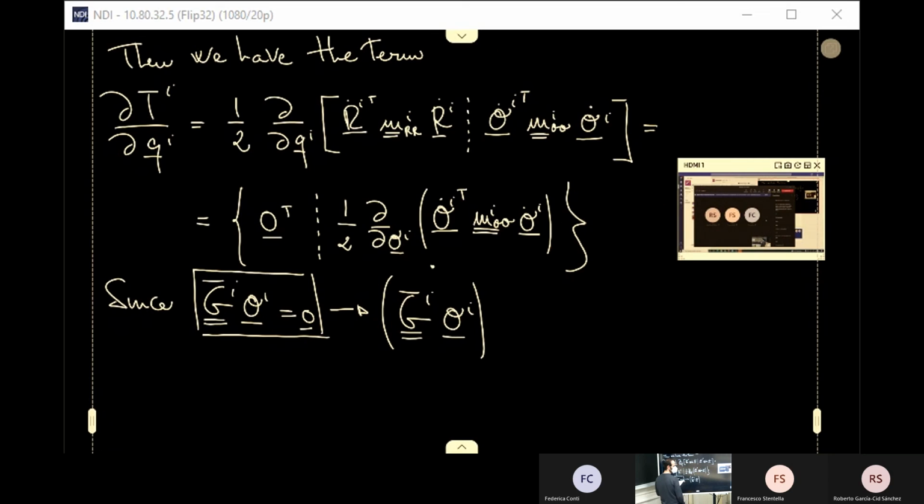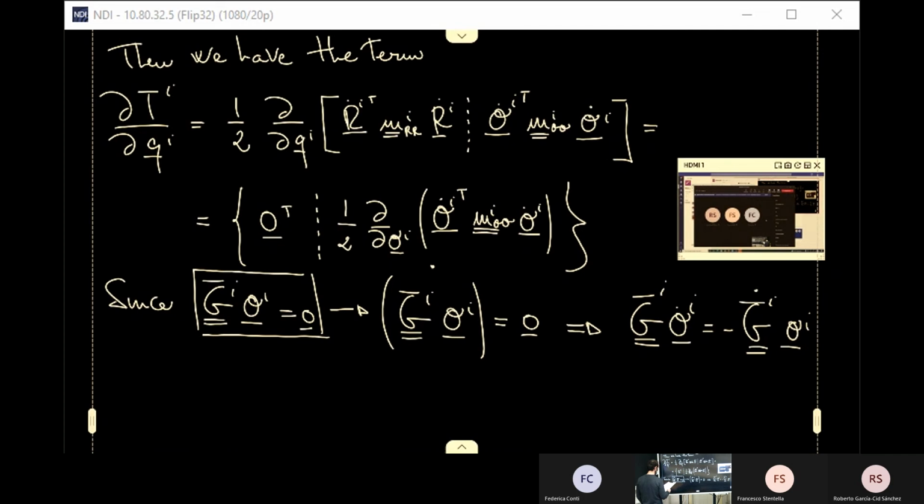All of it is 0. And this means basically that g_i theta dot_i is equal to minus g_i dot theta_i. From here, this must hold.